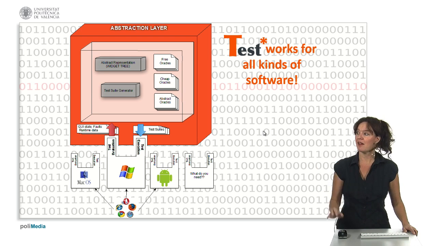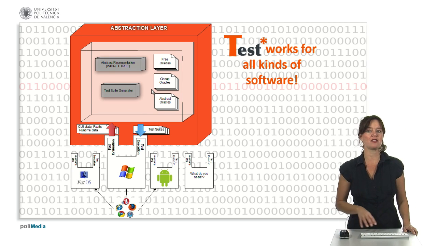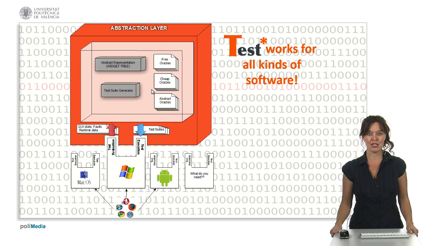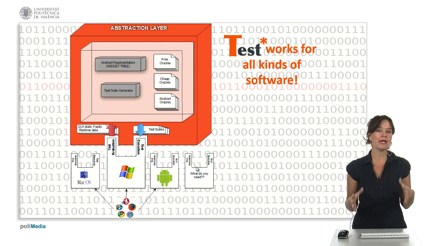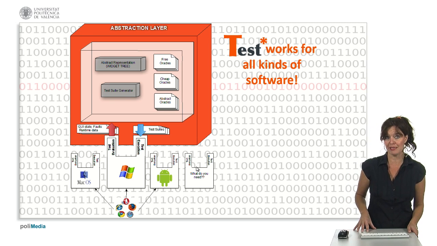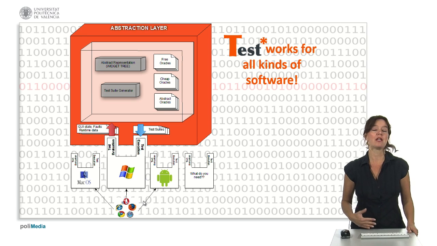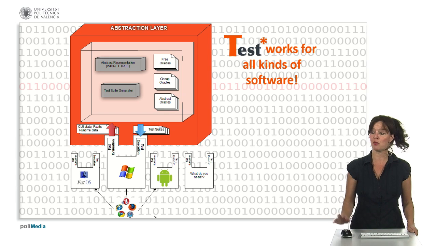And then within Testar, in this box, all the test specific components like the test generator and the oracles are based on the abstract representation in the form of a widget tree. By writing a plugin, we can make sure that Testar works for most kinds of software that respect the accessibility API. And since browsers are just applications running on an operating system, once we have the plugins, we can also test web applications that run in these different browsers.